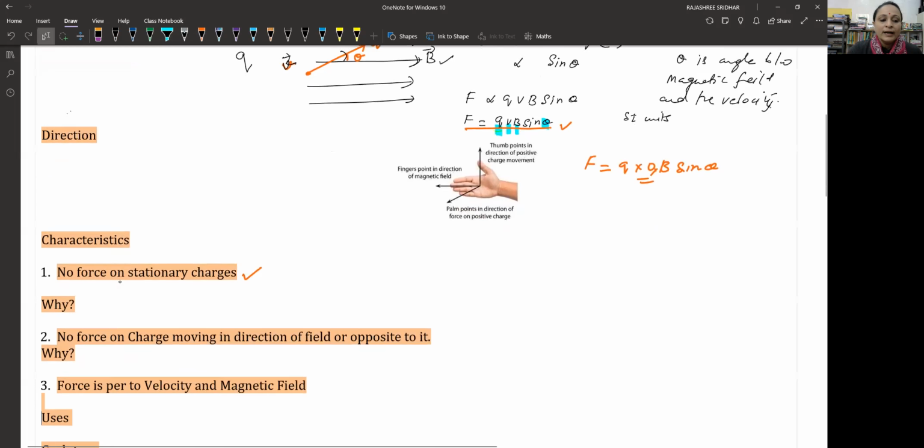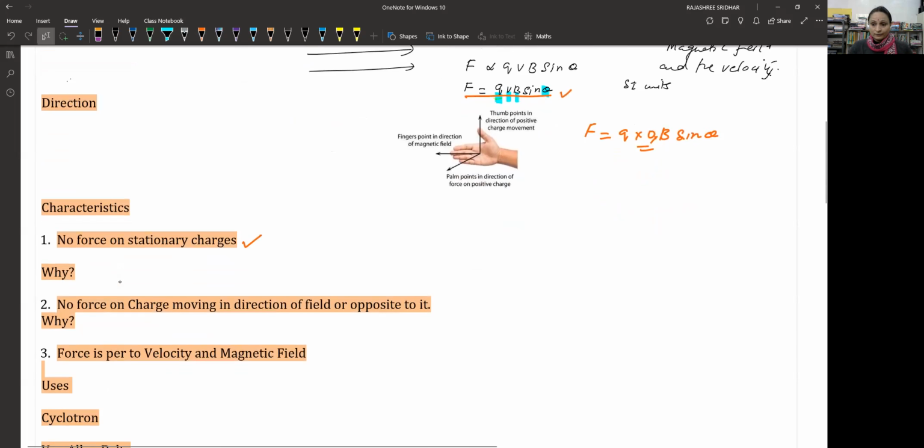Now, if you have a charged particle that is moving, so it has a velocity, and it moves in a direction opposite to that of the magnetic field.